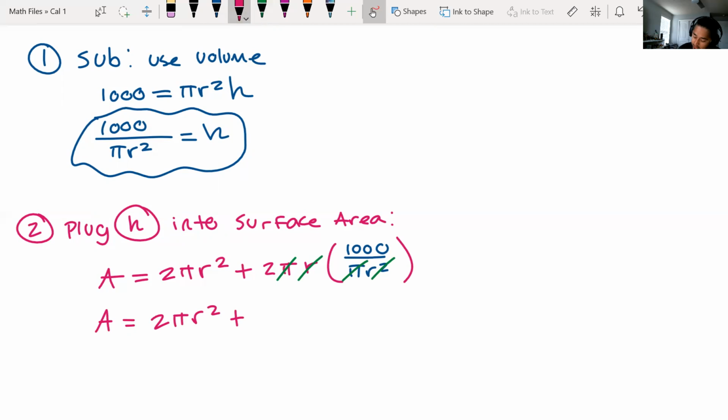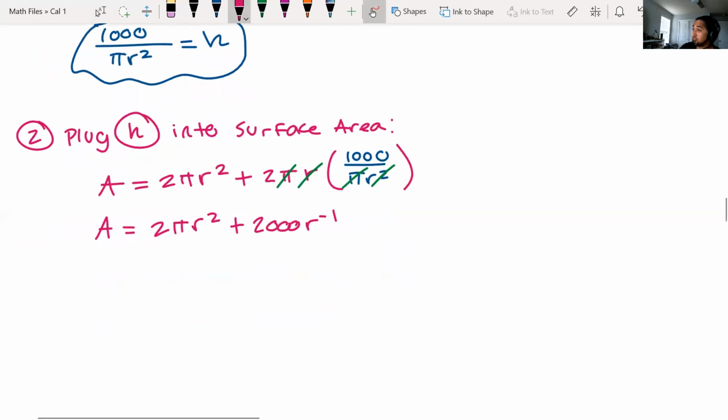So you will be left with 2,000 over r, or 2,000 r to the negative 1. And now here is the surface area equation, all in terms of r, which means we get to optimize it. We're going to minimize it.